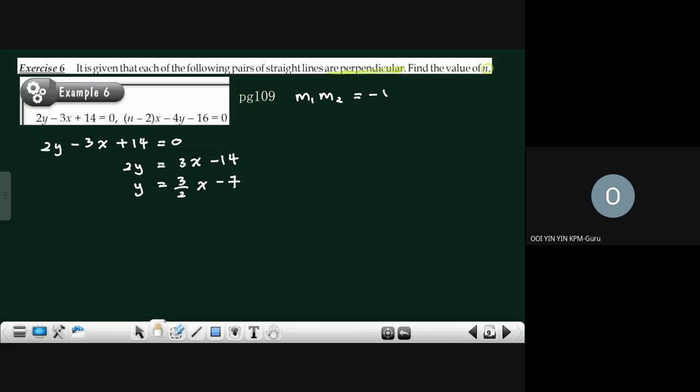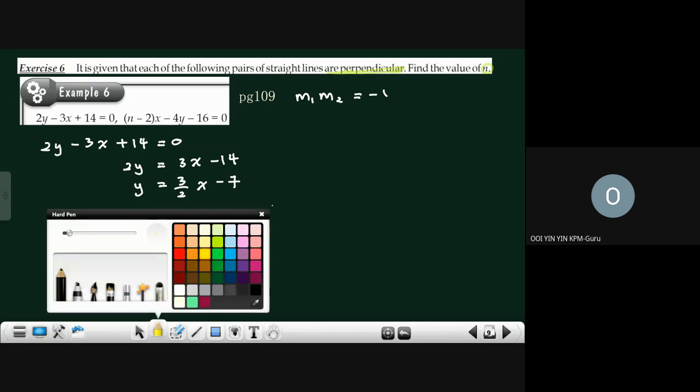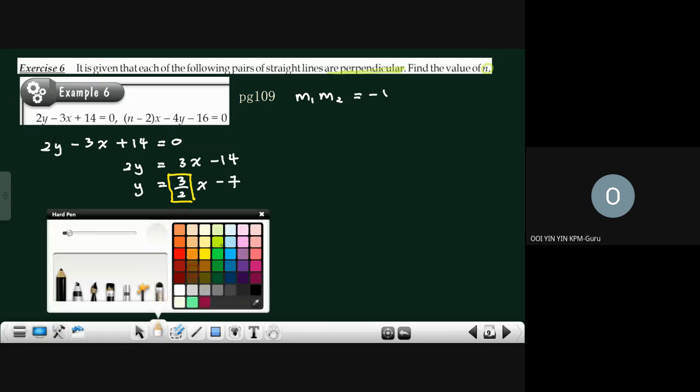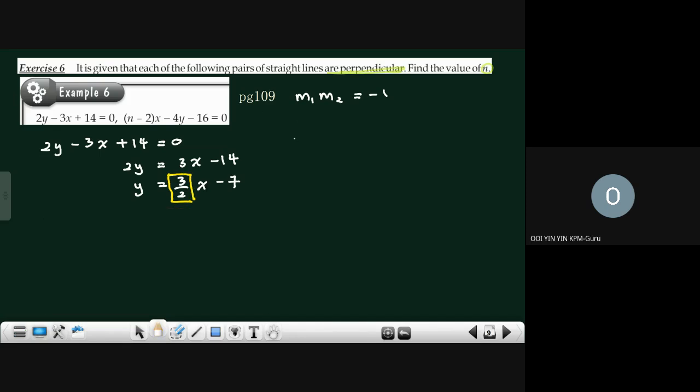Now focus on this, the gradient, that's important here. Then for the second equation, n minus 2 x minus 4y minus 16 equals 0.